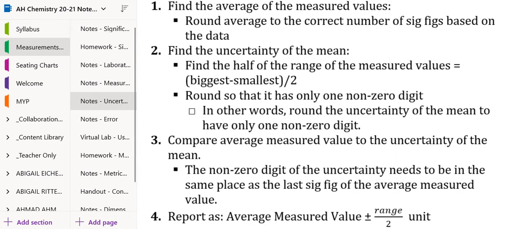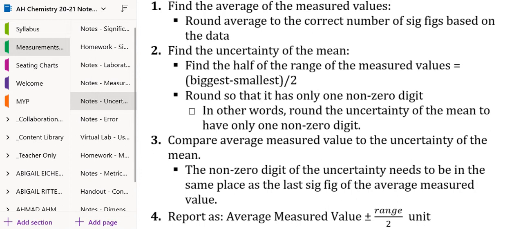So, first thing you're going to do is, for your set of measured values, find the average. So how do we say we did that? Add the values together and divide by how many values you have. And then, for that measured value, for the average, you're going to round to the correct number of significant figures.